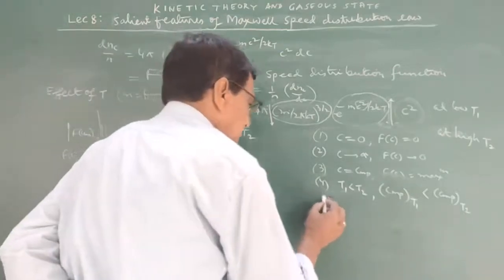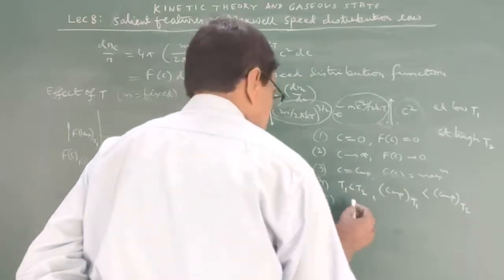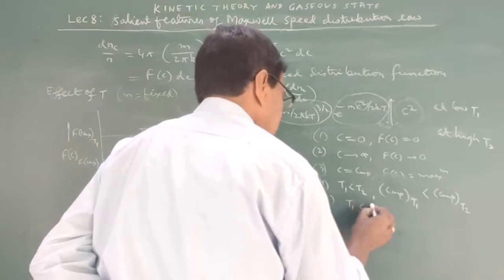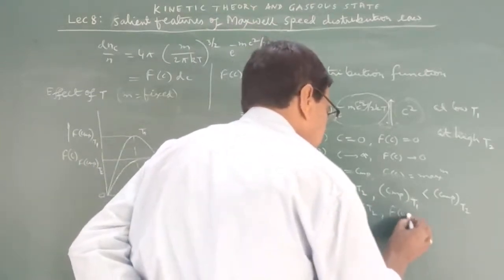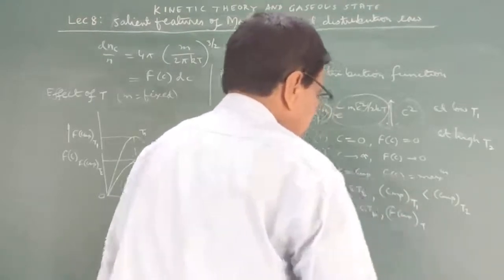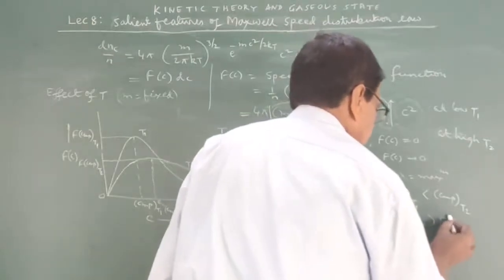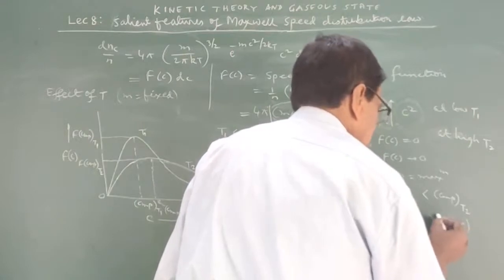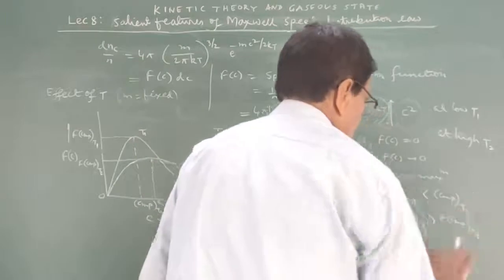So you can write CMP at T1 is less than at T2, and also FCMP at T1 is greater than FCMP at T2.